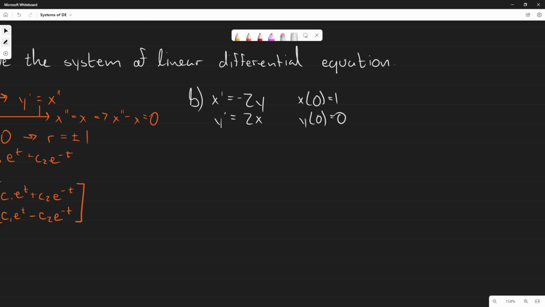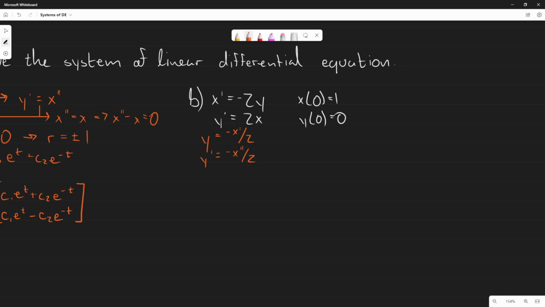Because it's going to be second order, homogeneous, and with constant coefficients, we can use the characteristic equation. So x prime is equal to negative 2y. This tells us that y is equal to negative x prime over 2, and y prime will be equal to negative x double prime over 2.